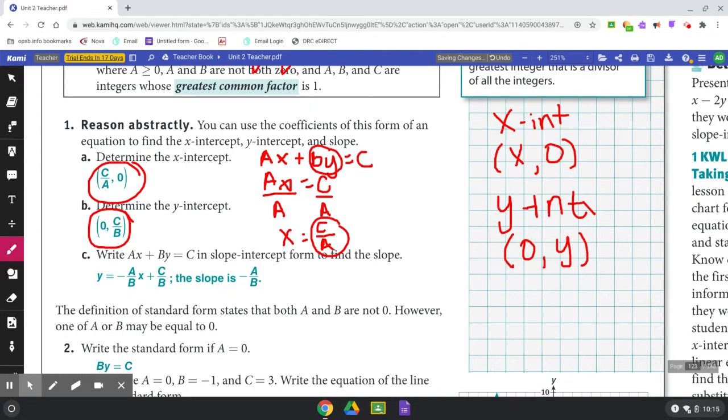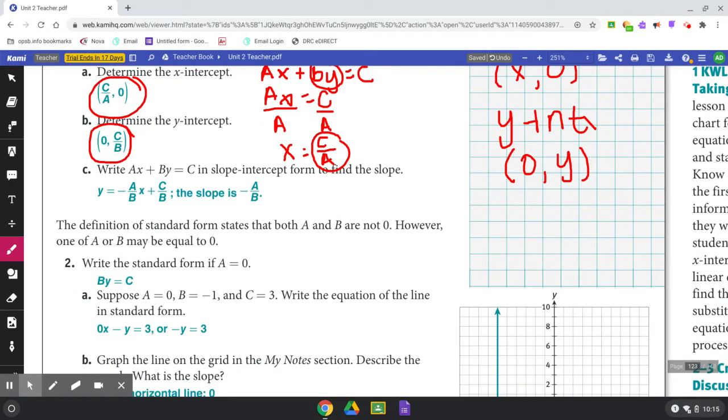Now, write ax plus by equals c in slope-intercept form to find the slope. Again, this becomes a literal equation, and we haven't done literals in a while, so this may be confusing at first, but you would follow all the steps of solving a literal equation, and you would get y equals negative a over b times x plus c over b.